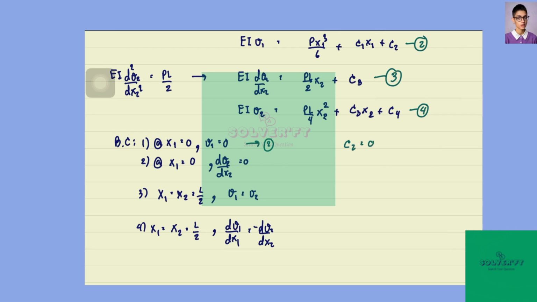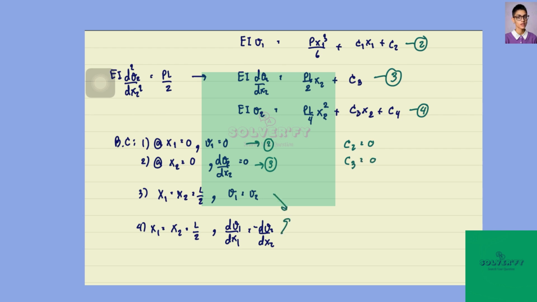And at x2 equal to 0, we have that dv2/dx2 equal to 0, and if we take that in equation 3, we have that C3 is 0.